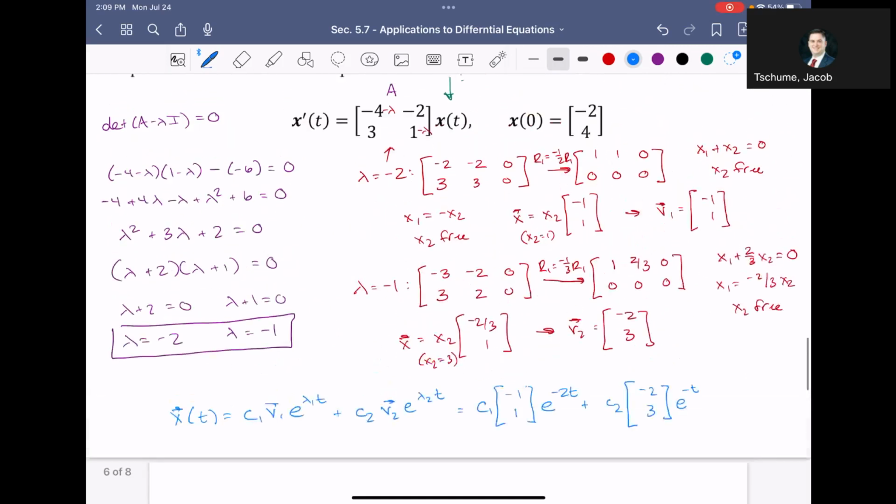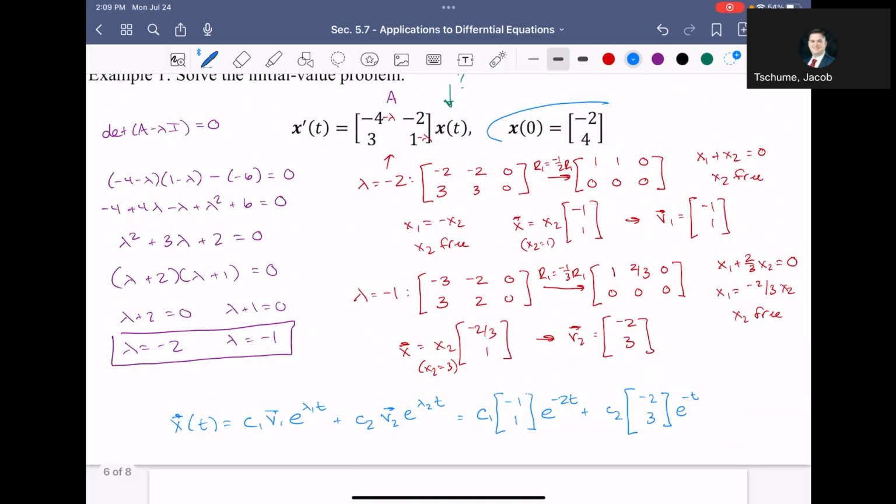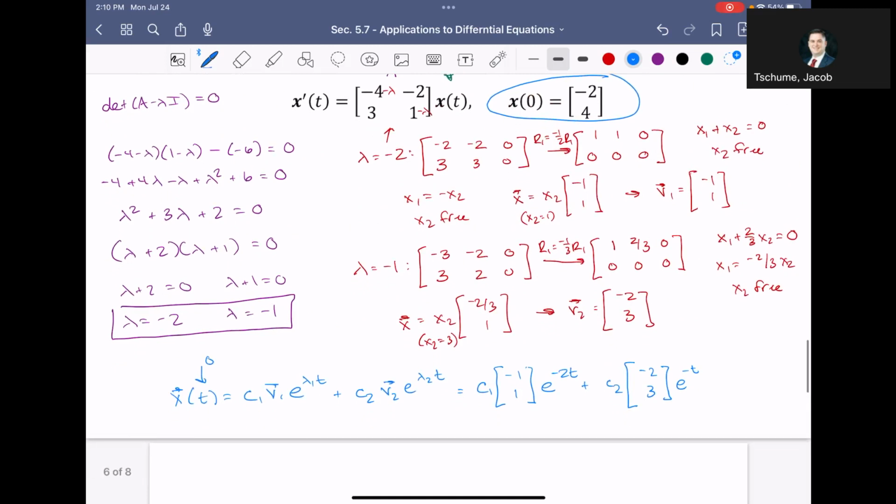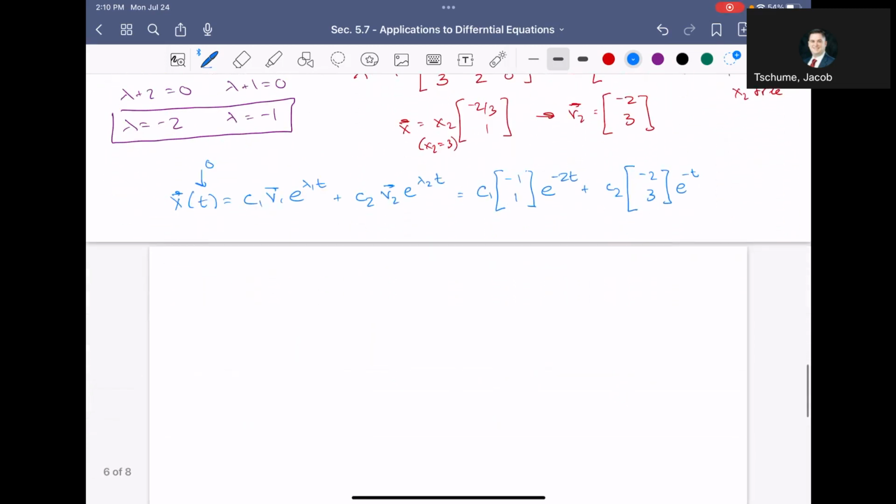But since the original problem gave me an initial condition, I'm able to now solve for what constants make this statement true. So what this initial condition tells me is that if I let t be 0, so I'm going to let this number right here go to 0, I can set up my equation. All right, so let's scroll down to the next slide. So if t is 0, that means the t here and the t here need to go to 0.